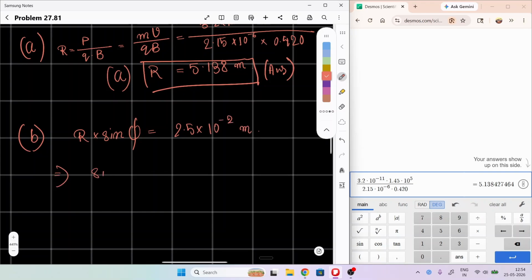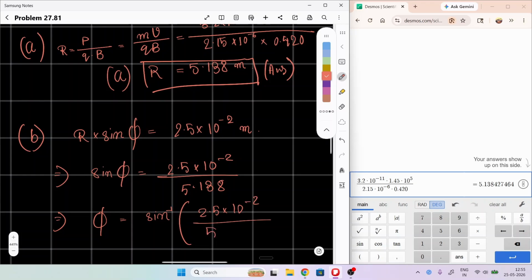So sine phi is 2.5 into 10 to the power minus 2 upon 5.138. So phi is sine inverse of 2.5 into 10 to the power minus 2 upon 5.138.